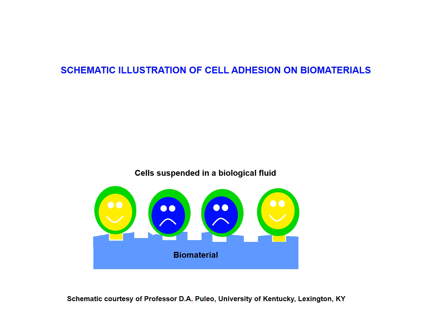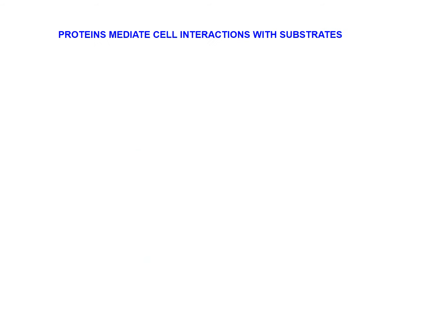In this respect, we have to keep in mind that the type, concentration, distribution, and conformation of the adsorbed protein are the parameters which dictate the subsequent adhesive interactions of the cells with the pre-adsorbed proteins on the material surfaces.